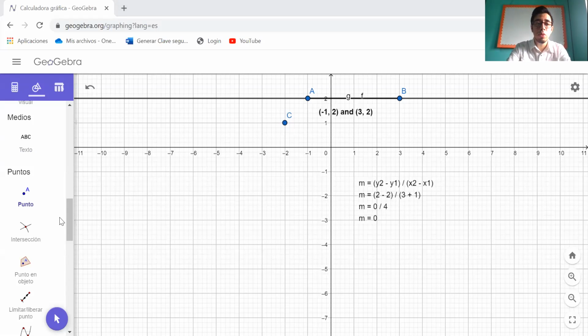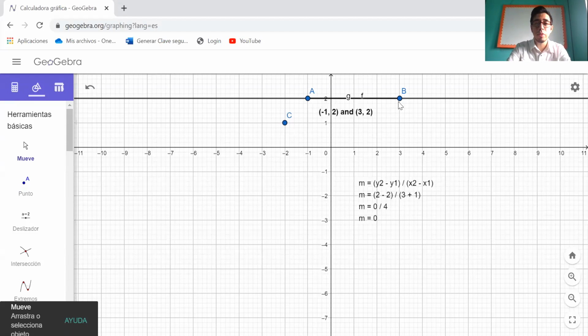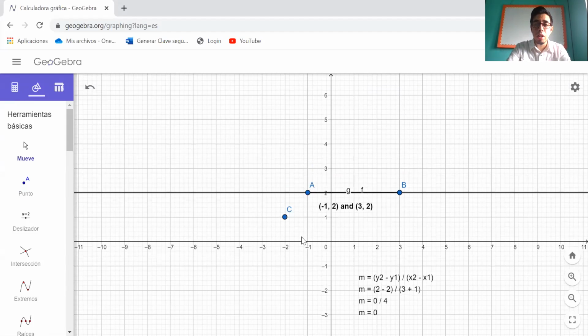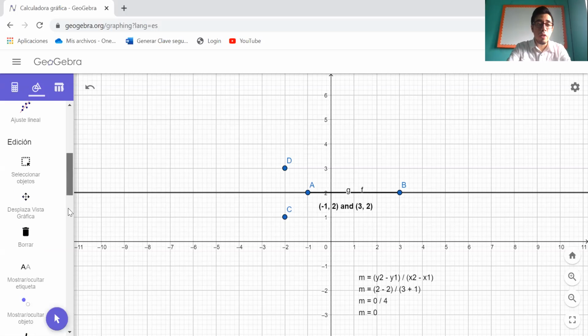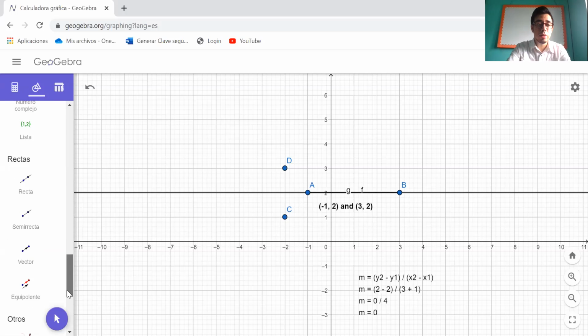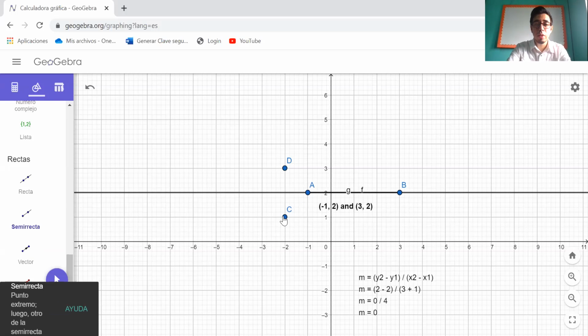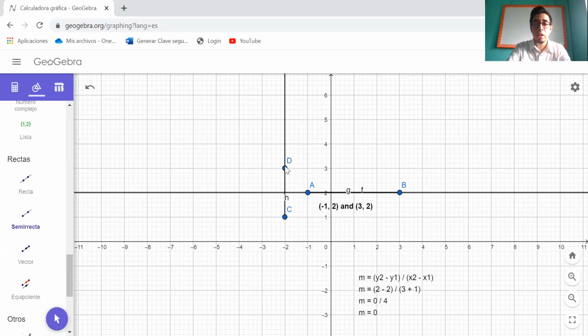I need to move -2 and the other point is 3, right? So if I complete this, you have a complete vertical line.